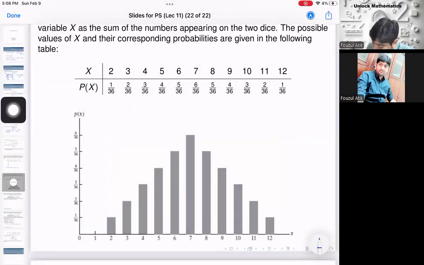Whenever x is equal to 2, P of x is this value, so you can plot it. For 3, it is 2 by 36. Whenever it is 7, it is 6 by 36. In this way, you can plot them. Other than that, for any other values, it is 0. P of x equal to 1 is 0, right? For all other values, it is 0. So you can plot the probability mass function.